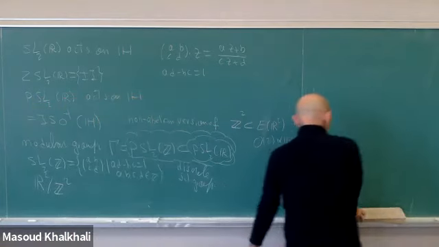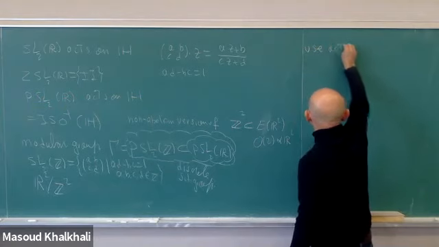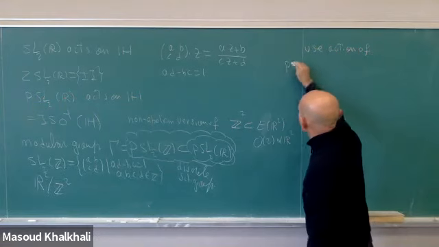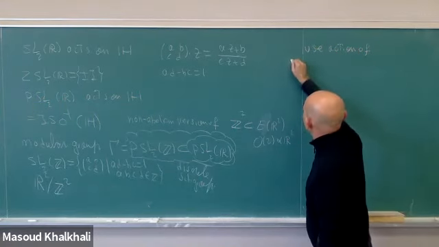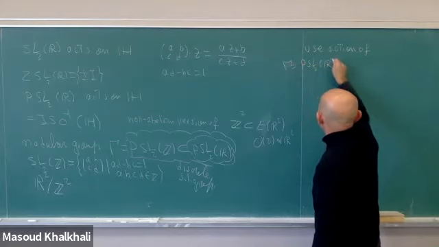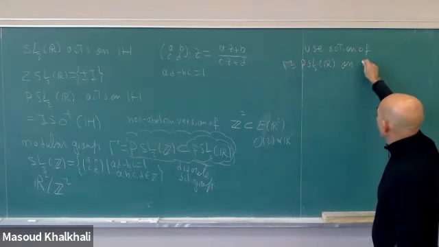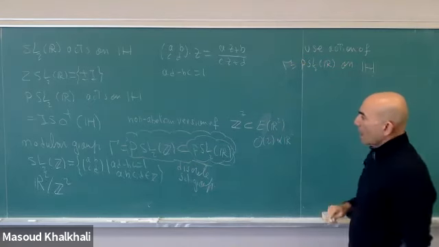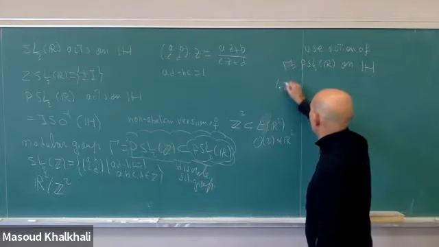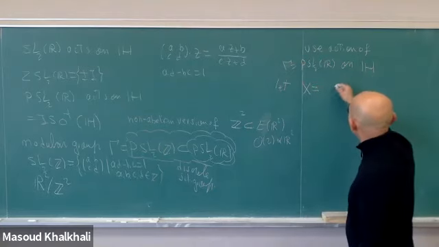So we use the action of PSL2(R) in gamma on this H, and we just divide and take the orbit space. Let X equal H mod gamma.